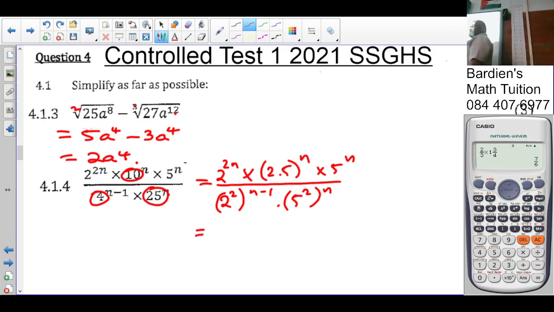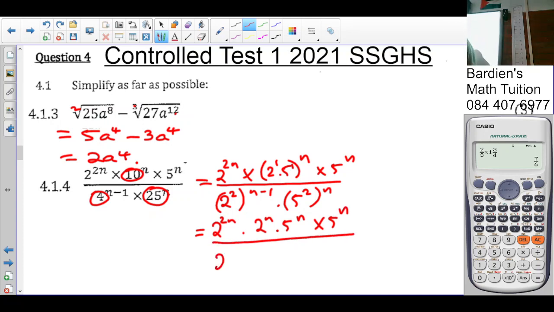Okay. What do we do now? Multiply the exponents. Not so. So it's 2 to the 2n times 2 to the n times 5 to the n. And remember it's applying to everything inside the bracket. Times 5 to the n all over 2. 2 times n is 2n minus 2 times 5 to the 2.